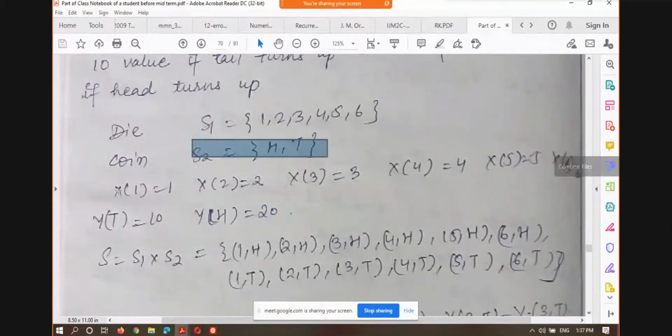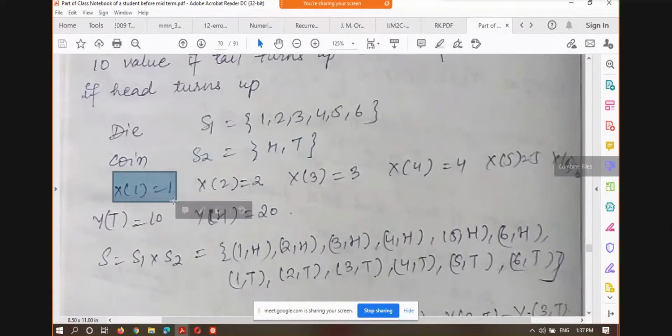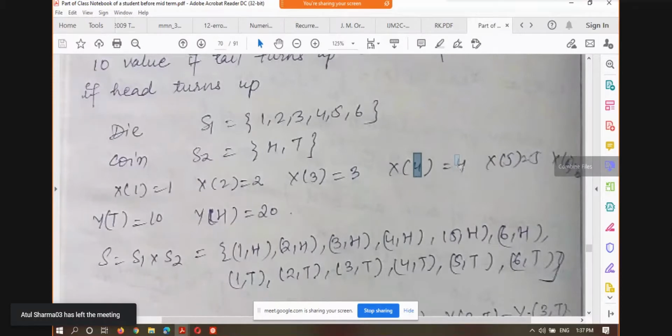X takes 1 to 1, because whatever face value comes is the value of the random variable. So event 1 goes to 1, 2 goes to 2, 3 goes to 3, and face value 4 goes to the real number 4. So this is how X is defined.